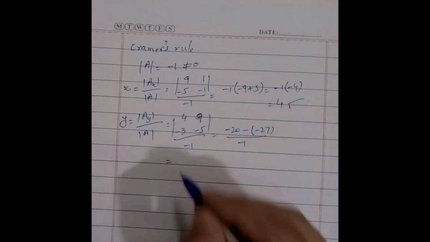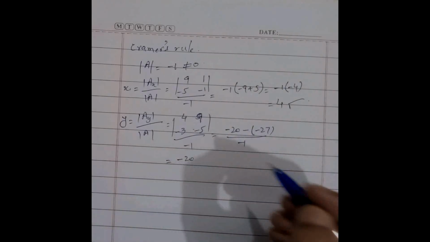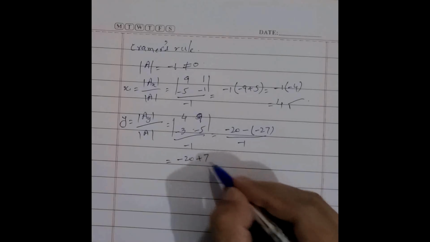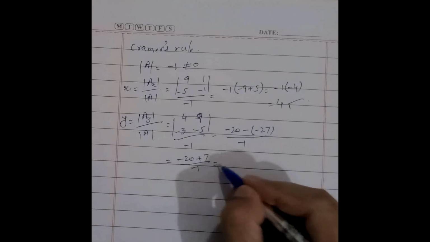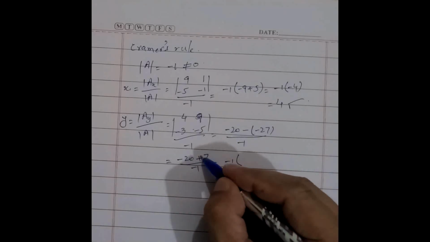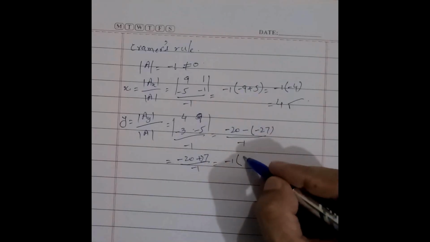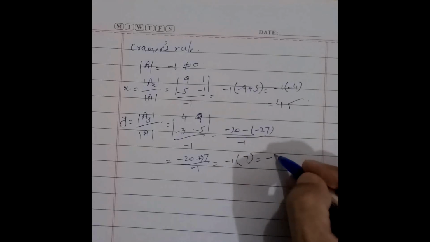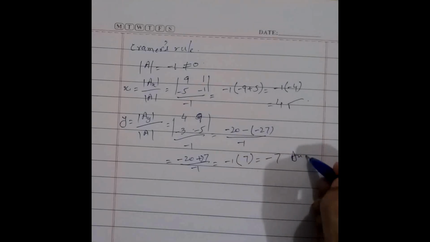Now simplify: -20 plus 27 over -1 is equal to -1 into 7, and the answer is -7.